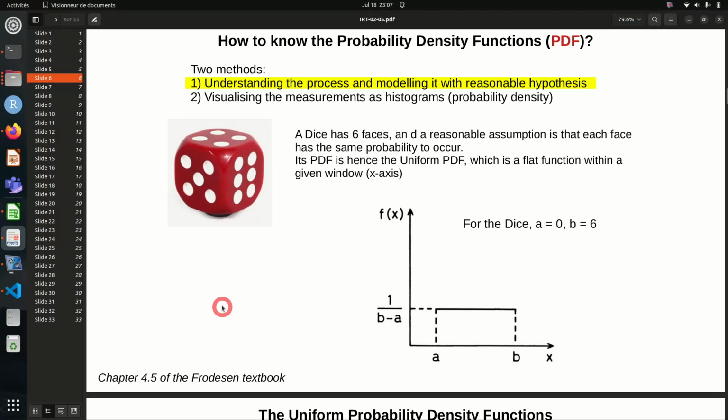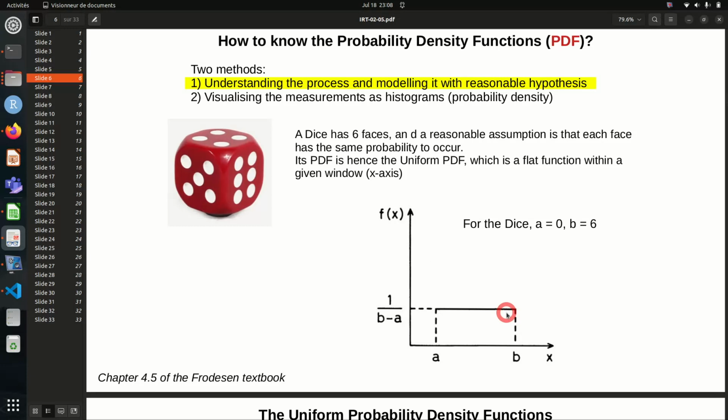Last lecture, I had introduced you the process of throwing a dice, and we had seen that if the dice is well balanced, not perfectly, but well balanced, then a reasonable assumption, so a reasonable hypothesis, is that the probability is the same, so it is uniform.